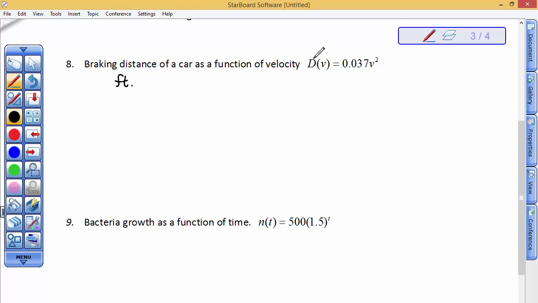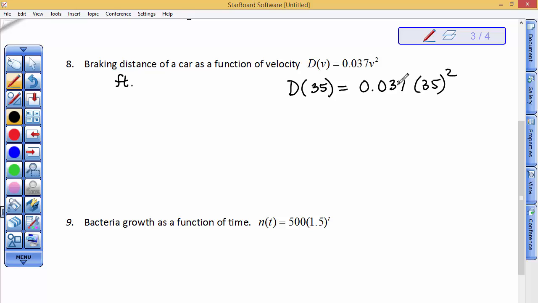So if I wanted to find the distance it would take for it to stop if the vehicle was traveling 35 miles per hour, I would substitute in a 35, square that, and then multiply it by 0.037. So again, 0.037 times 35 squared.